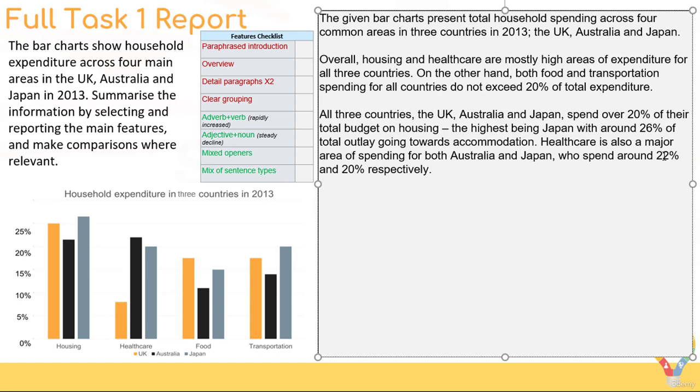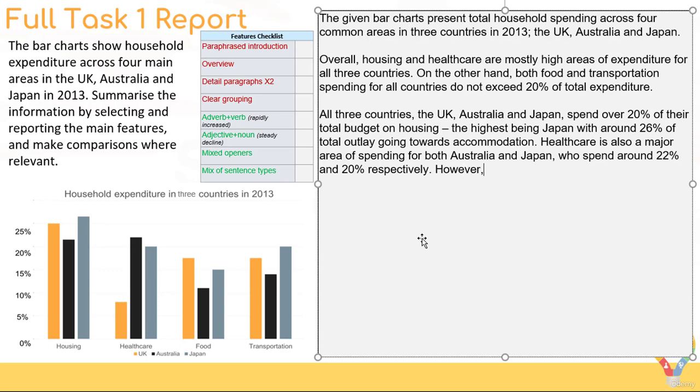So if I say respectively, it means 22 goes to Australia, the first figure and name given, and 20% goes to Japan, the second name or second figure given. So it links these together. Okay, and we also want to mention that the UK is spending significantly lower.